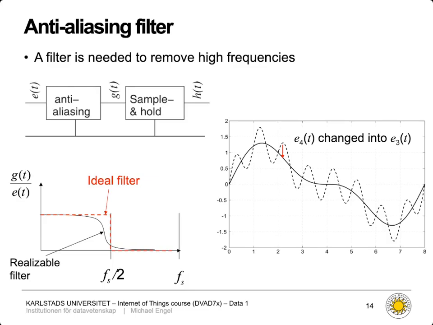Now, unfortunately, like with our rectangle signals, it's impossible to generate an ideal filter because we need to transfer charges again, and this takes time. So a realizable filter rather looks like a black line here in our lower left-hand side diagram. So a realizable filter already drops off early before we reach half our sampling frequency.